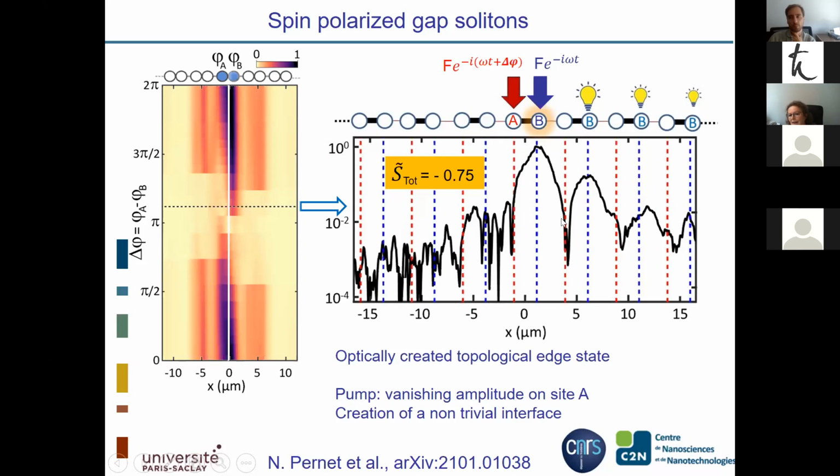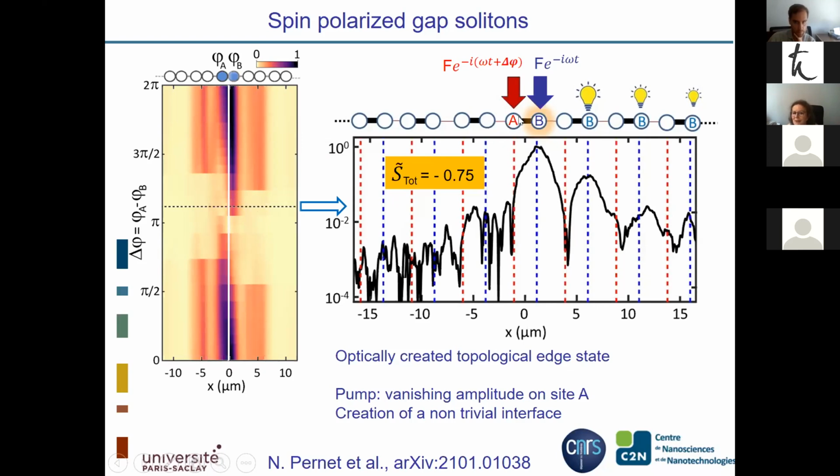So this really looks like a topological edge state. Actually, you can understand the physics. There is a phase frustration when you pump the system, and the intensity vanishes on the A pillar. So this is a nonlinear experiment where somehow we cut the chain by removing the A pillar with this nonlinear interference.